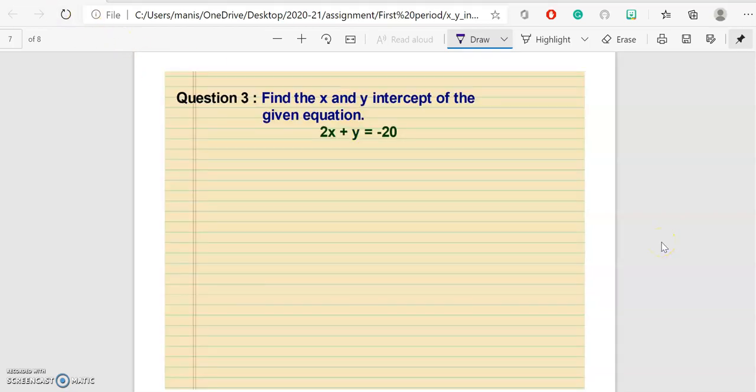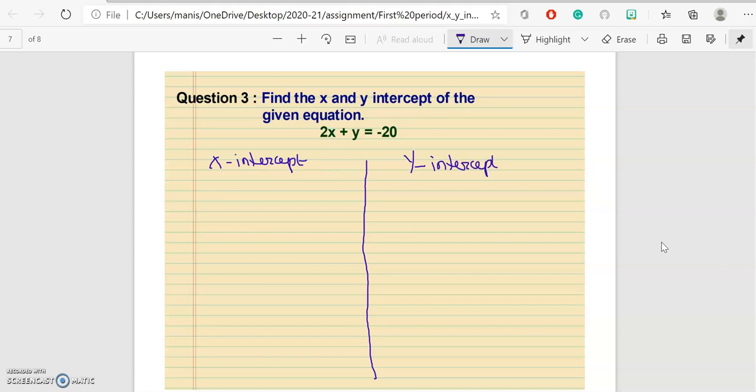Find the x and y intercept of the given equation. So this is my x-intercept and this section is for my y-intercept. The definition says the x-intercept is the value of x when y is equal to 0.